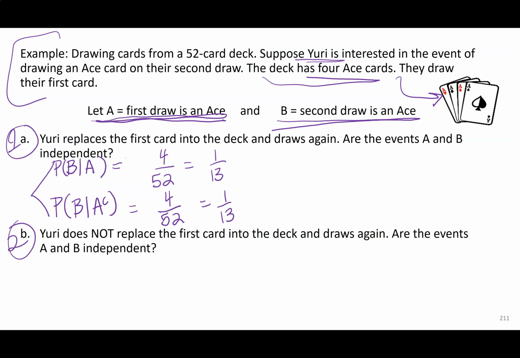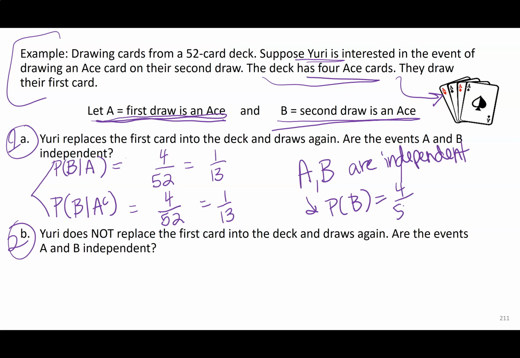Because knowing what happened in the first draw has no impact whatsoever on the second draw, I can say A and B are independent. Because here, the probability of B, the probability of drawing an ace, is just going to be 4 out of 52, which is 1/13.